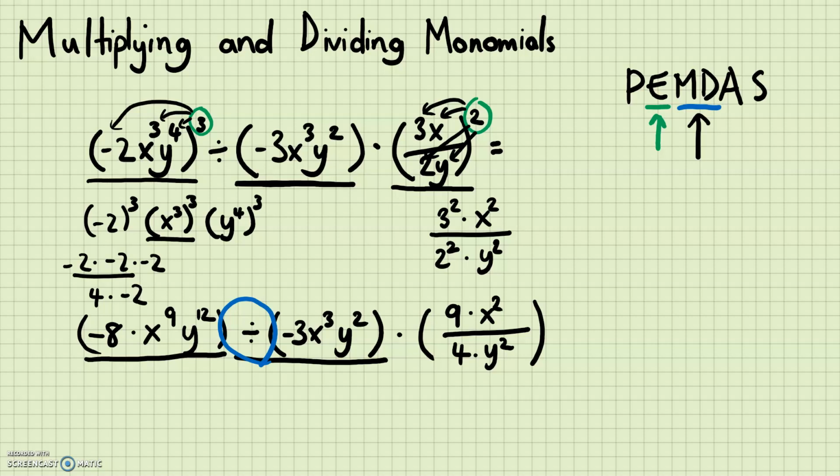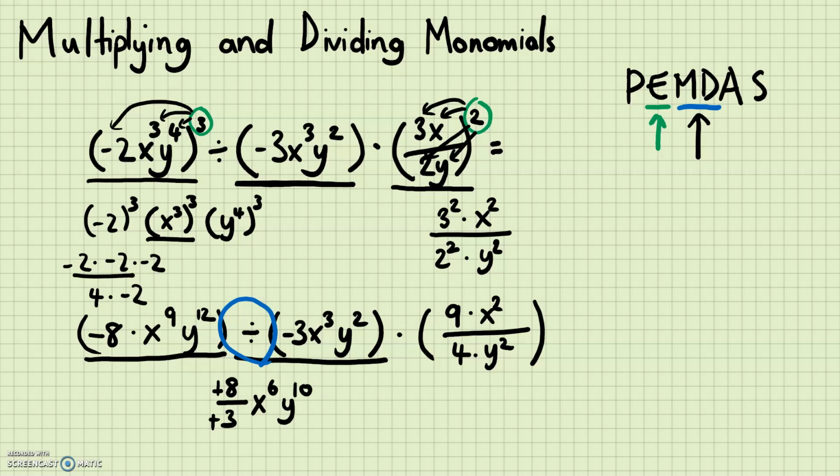We're looking at the number first. That doesn't divide evenly, so we can just leave it as negative 8 over negative 3, and of course, the negatives are going to cancel. Okay, so we're done with the number part. For the letter x, x to the ninth divided by x cubed is going to be x to the 9 minus 3 using the quotient rule. That's x to the sixth. y to the 12 divided by y squared is going to be 12 minus 2, which is 10.